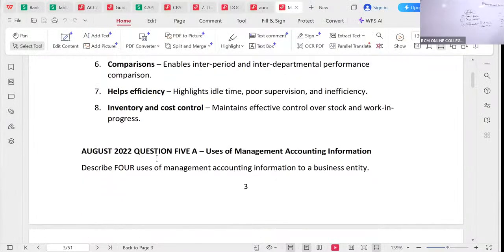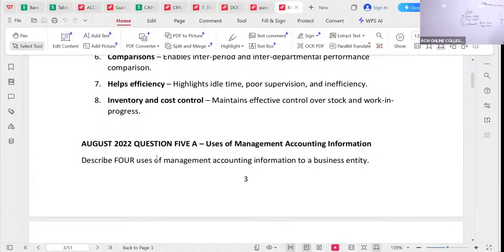August 2022, question number 5A, uses of management accounting information. Now, without reading, are you able to give me these uses? Planning, controlling, and I will also give you another way of remembering this: POC.